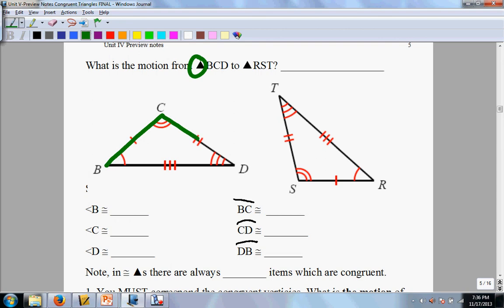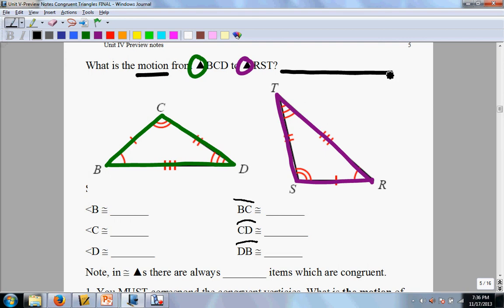B, trace with me, C, D. And then we have this RST, so R, S, T. You want to ask yourself, what is the motion that if we took that green triangle and we moved it, how did we move it to get the purple triangle? Take about 10 seconds. You try to fill that out before I fill that out. Which motion moved the triangle from the green to the purple? Translation, reflection, or rotation?